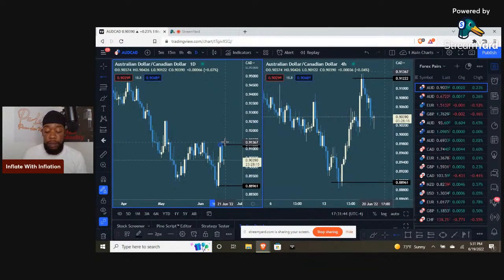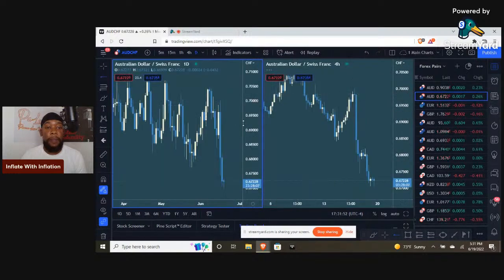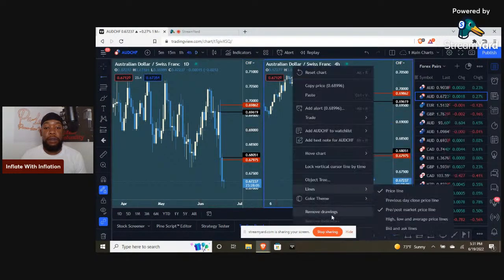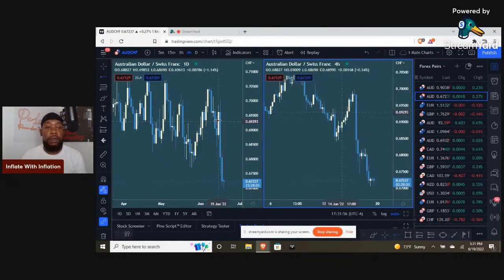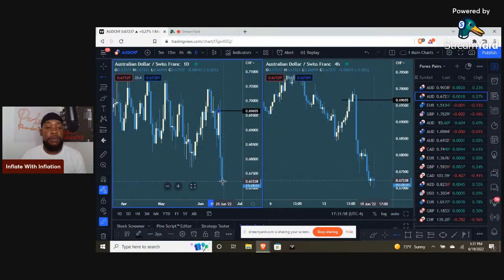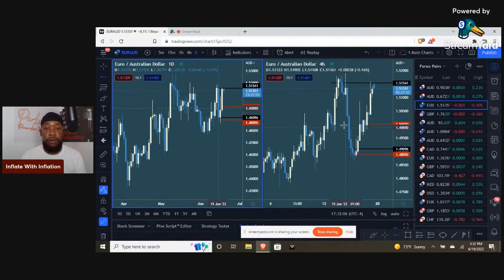So for Aussie, we got a +1, CAD a -1. Let's go Aussie Swiss franc. Aussie Swiss franc, we got a -1 Aussie, positive Swiss franc. Let's look at the euro.